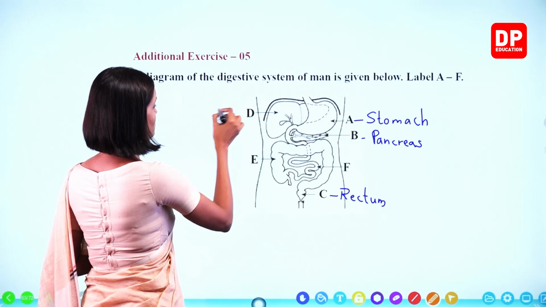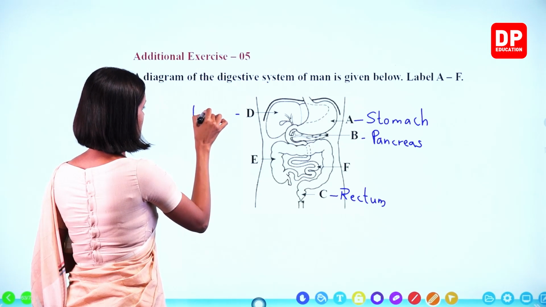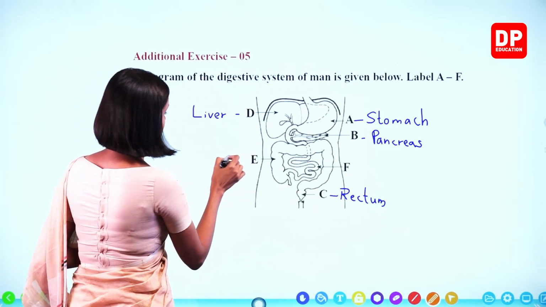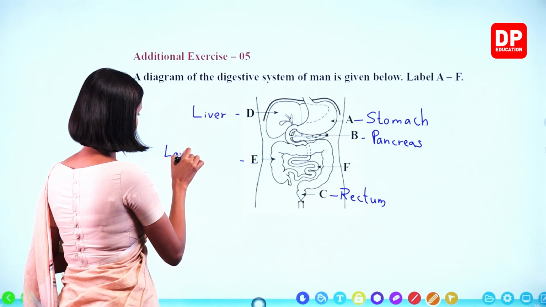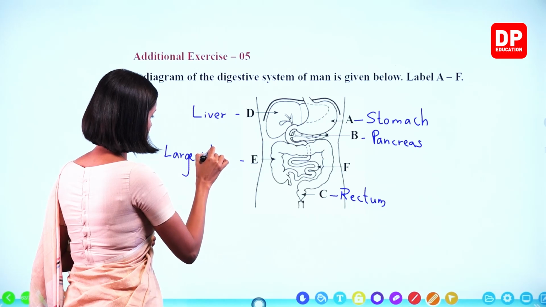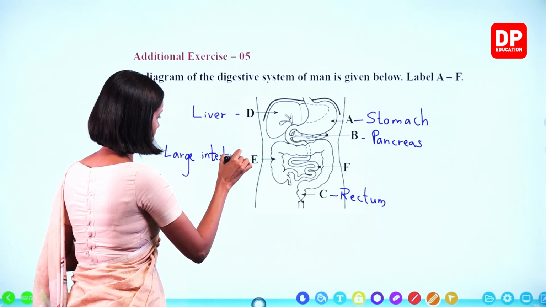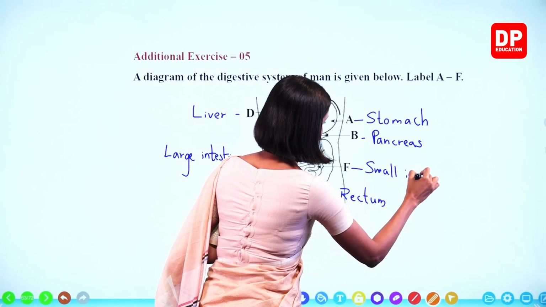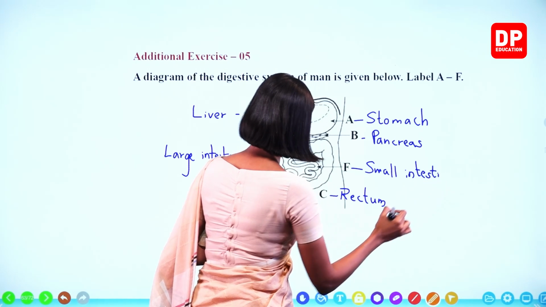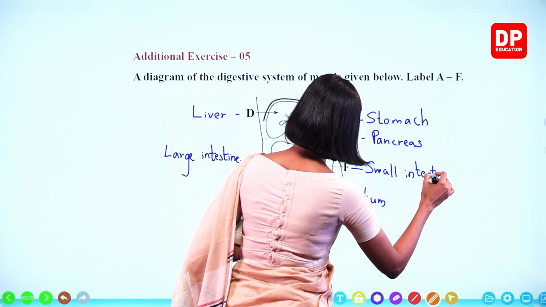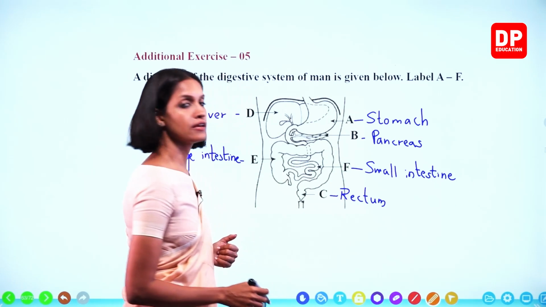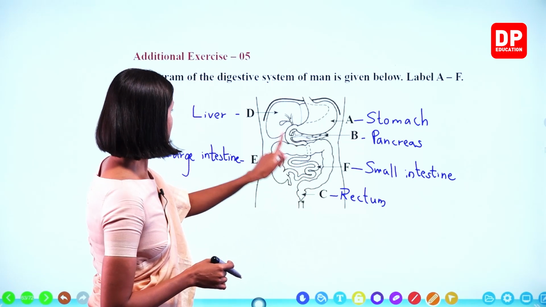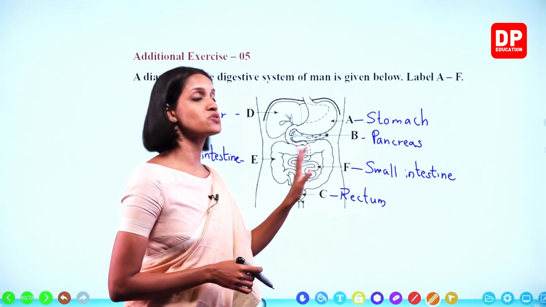D is the liver. E? E is the large intestine. And F is the small intestine. Right, children? Stomach, pancreas, rectum, liver, large intestine and small intestine.